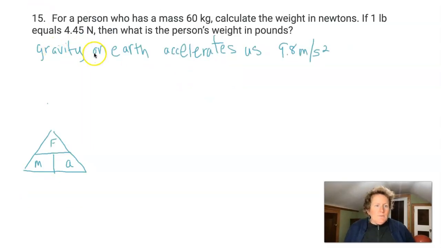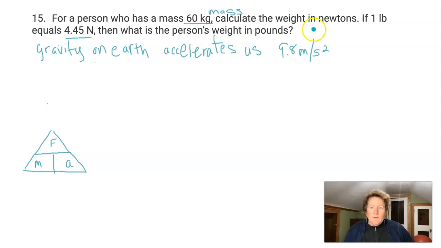Okay, for number 15, we have to know, living on Earth, that gravity here on Earth accelerates us at 9.8 meters per second squared. And if we're just standing around on a scale, air resistance is not a big deal. So if we have a person who has a mass of 60 kilograms, we want to know what their weight is if 1 pound equals 4.45 newtons.